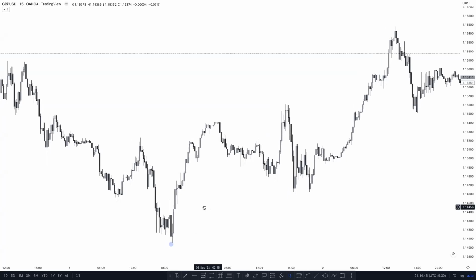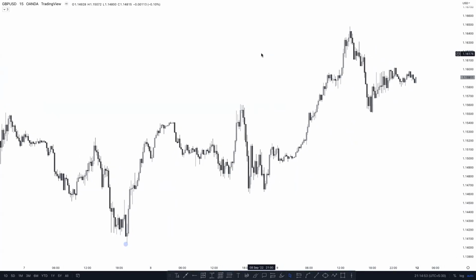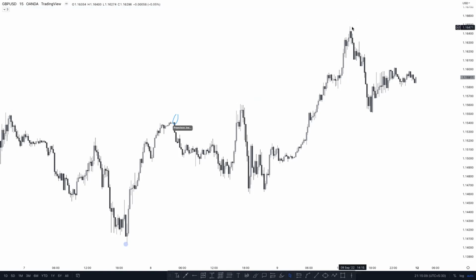So everyone mark the structure here. Mark the 15-minute GBP USD structure right now, everyone. Mark the major higher high and higher low in the 15-minute structure.